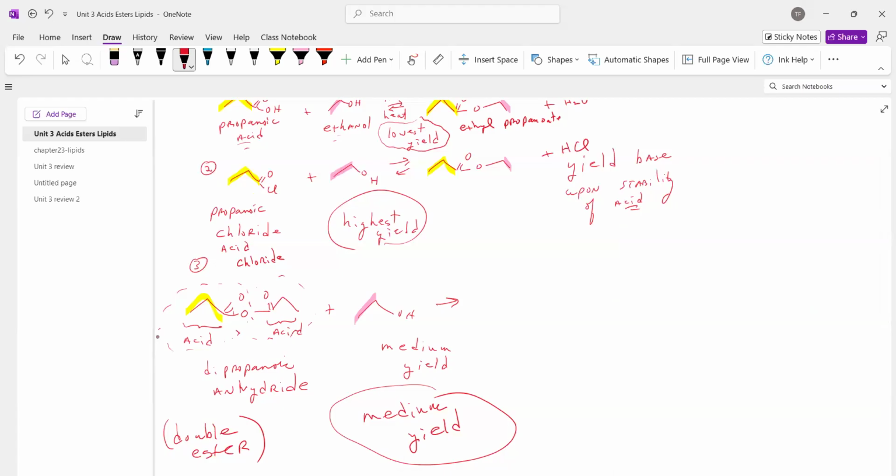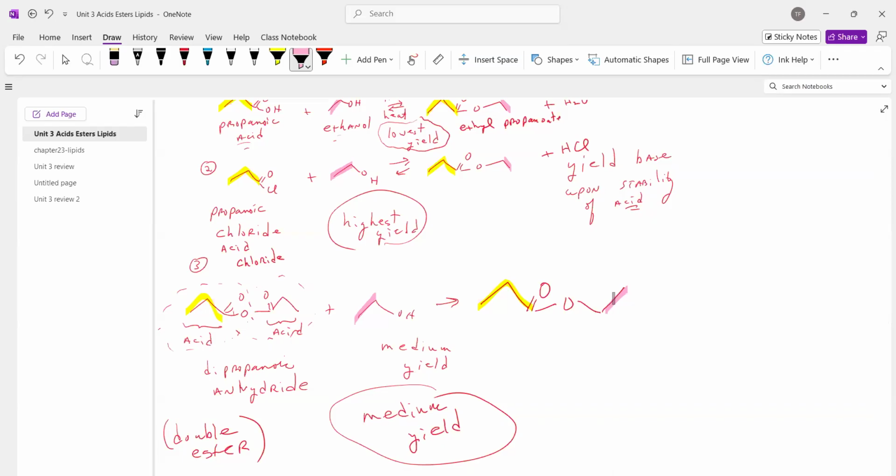So this would be our secondary backbone here in pink or purple. And we'd end up again with our ethyl propanoate.